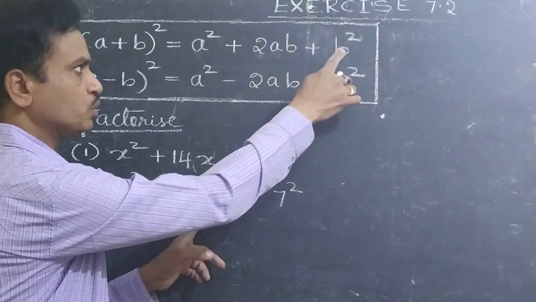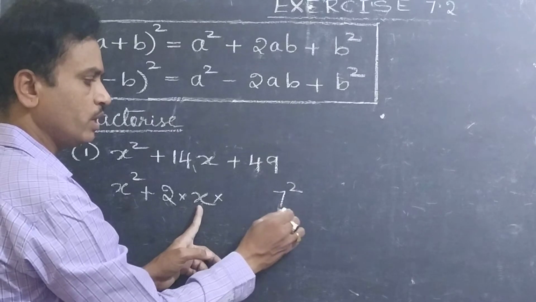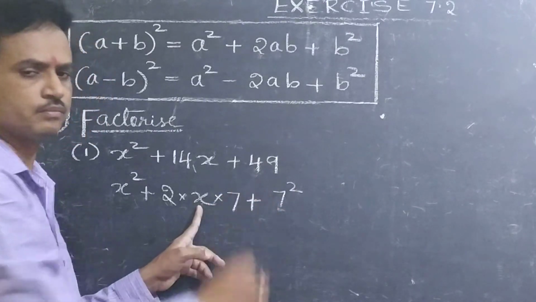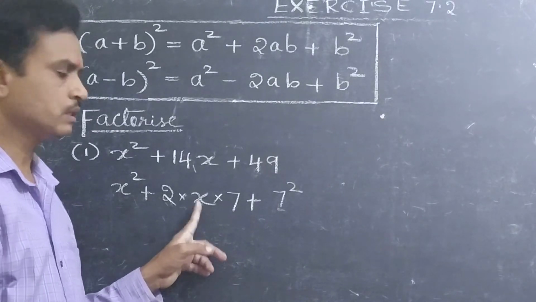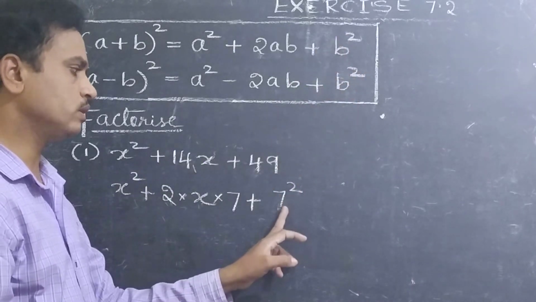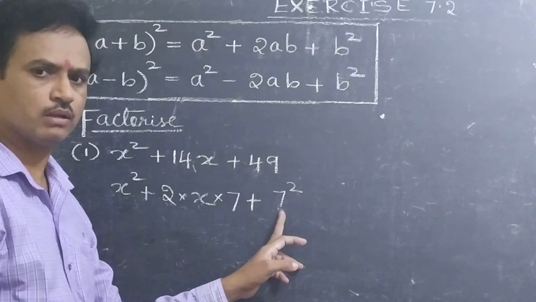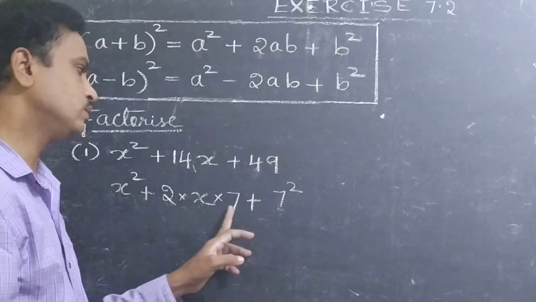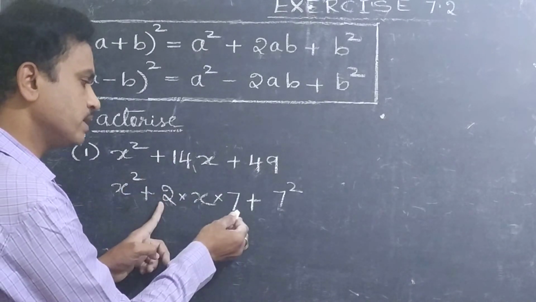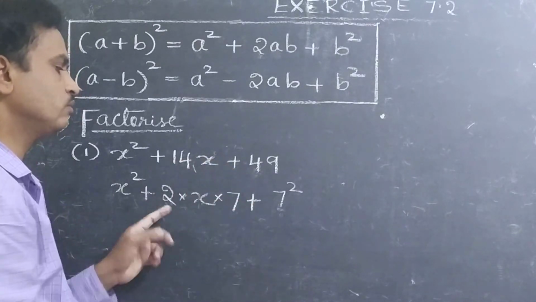Then b, what we should write? b square here is 7 square, that means b is 7. So you should take 7. If you multiply 2 sevens are 14, into x, 14x.